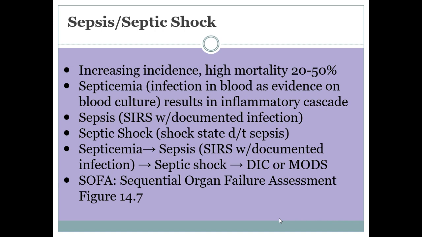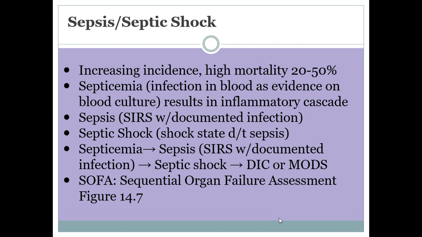Septicemia, you might have heard this before, is an infection in the blood, evidenced on blood cultures, and results in an inflammatory cascade. So septicemia causes sepsis, causes this SIRS, which is systemic inflammatory response syndrome with a documented infection.